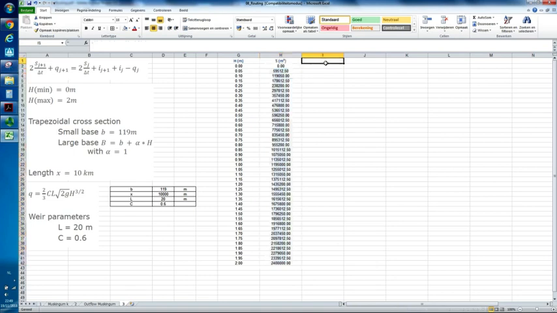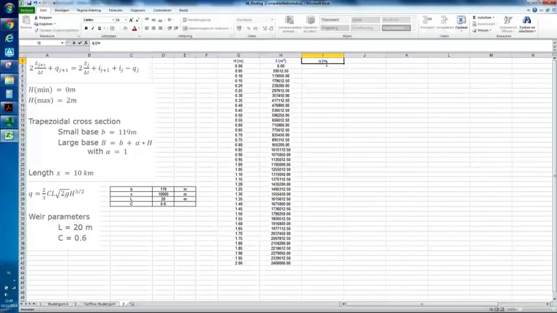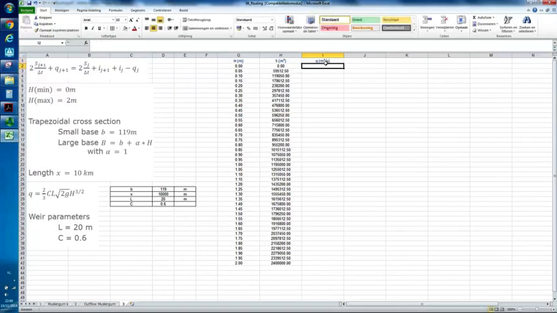Now, we can also calculate Q values, which will be in cubic meters per second. This will be based on our weir equation.